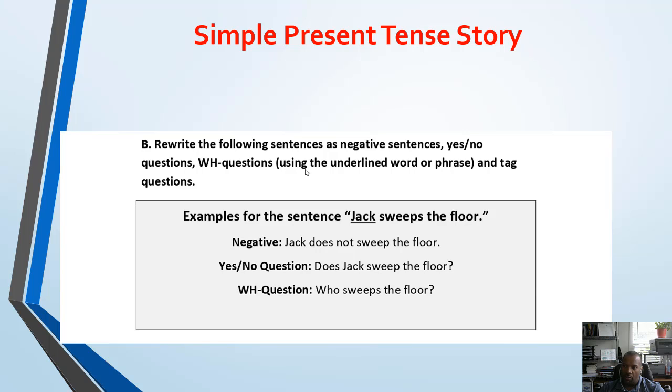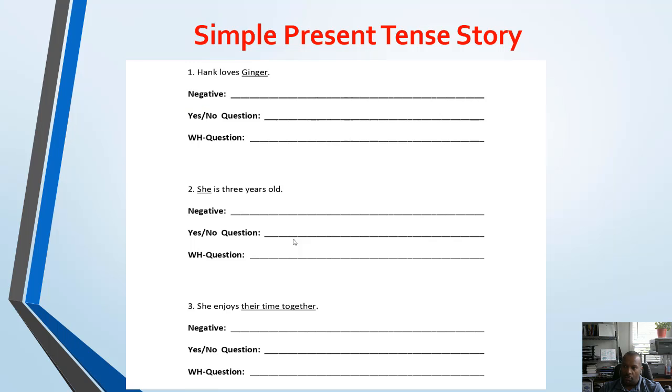Okay, so the underlined word or phrase is going to be the subject. Okay, so here we have Hank loves Ginger. So now we have to rewrite the sentence making Ginger the subject.